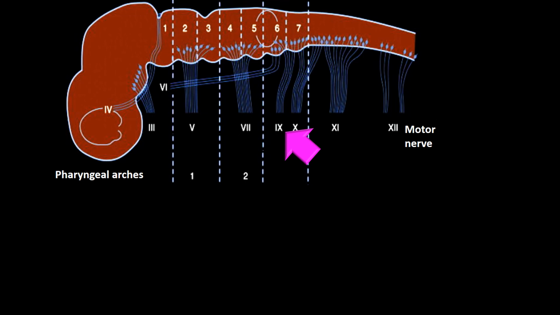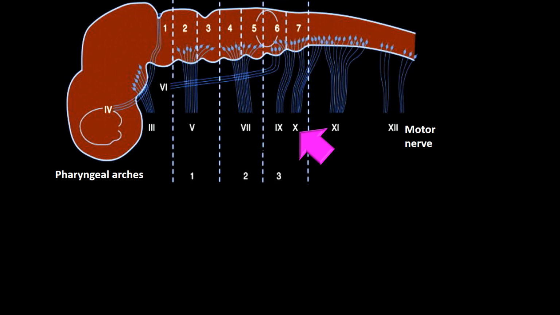The motor fibers for striated muscle of cranial nerve 9 arise from rhombomeres 6 and 7 and go to innervate the stylopharyngeus muscle. This is the only muscle derived from the third branchial arch. Hence, this is a good fact to remember.